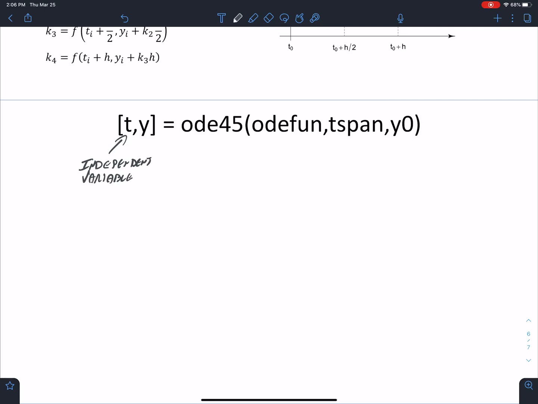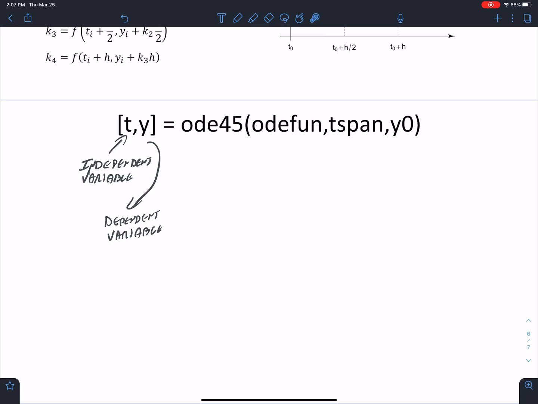Of course, in MATLAB, you can substitute this here for x, whatever you would like. I'm just using some variables here that we can talk about. This will be our dependent variable, right? If you want to call it z, this is no problem. And these will be the outputs of this ODE 4.5 function.